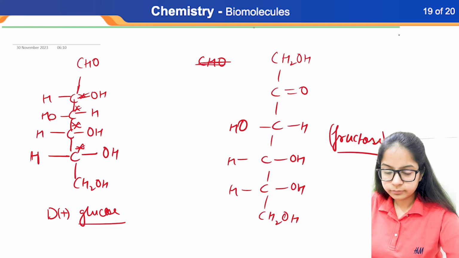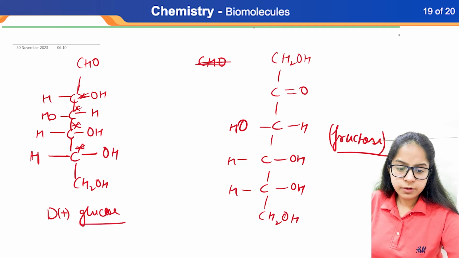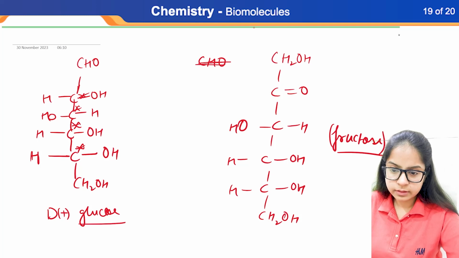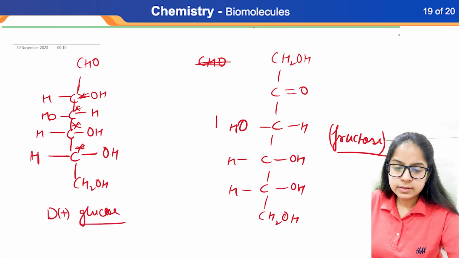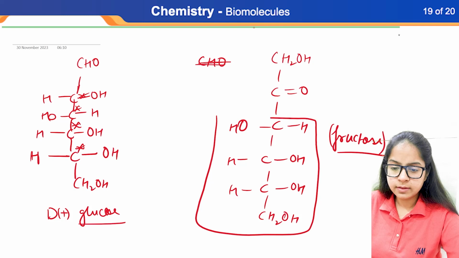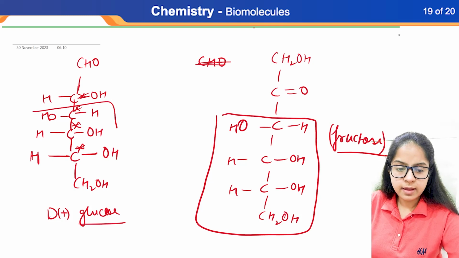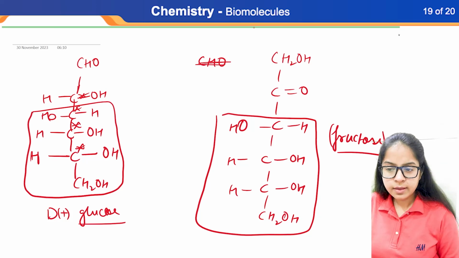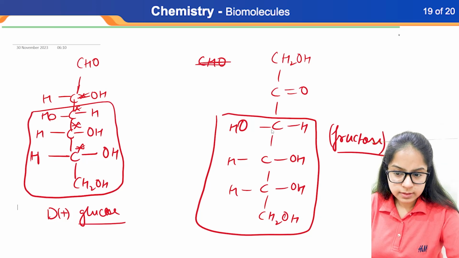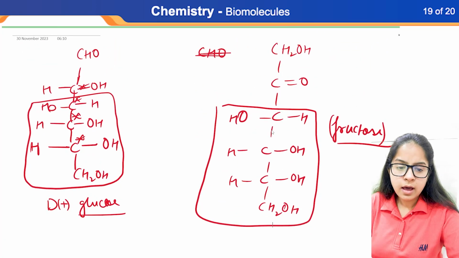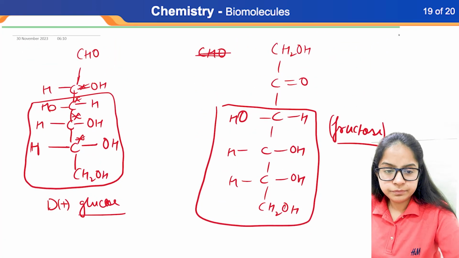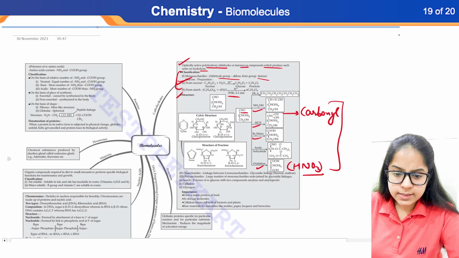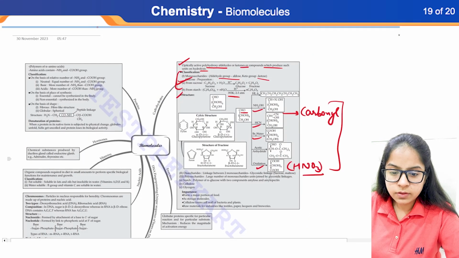See this one here and this one here is the same in both glucose and fructose. I'll show you another slide on how you can make these structures: alpha D plus glucopyranose, beta D plus glucopyranose.